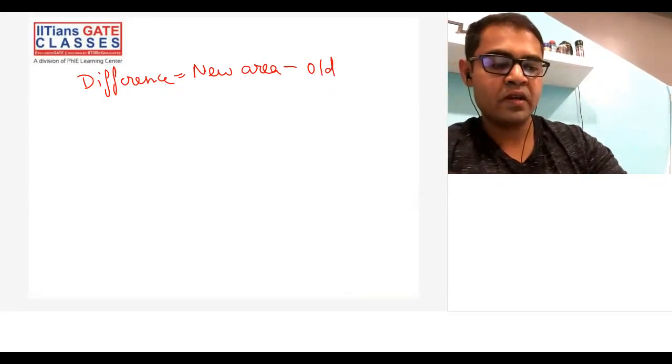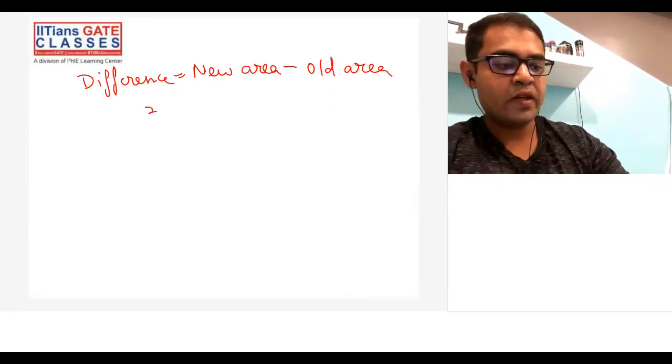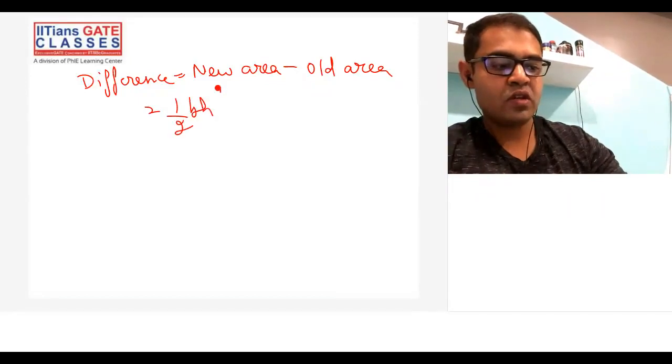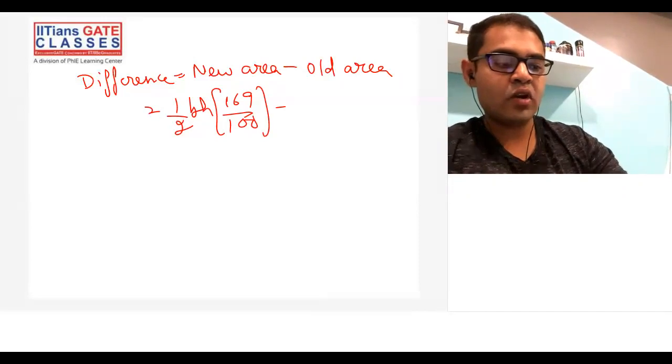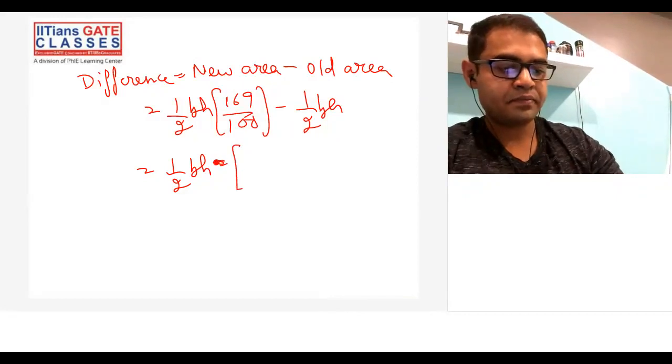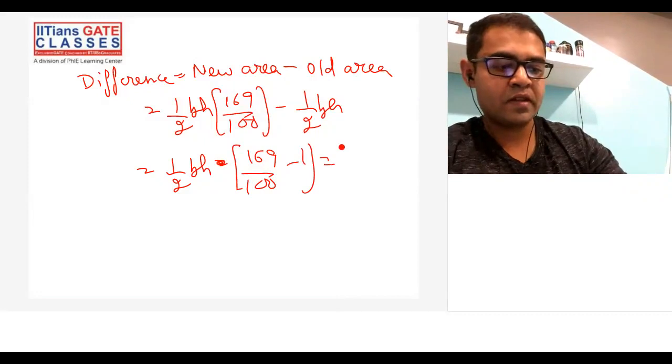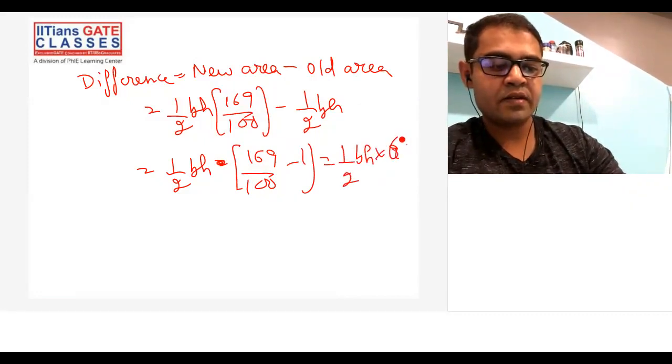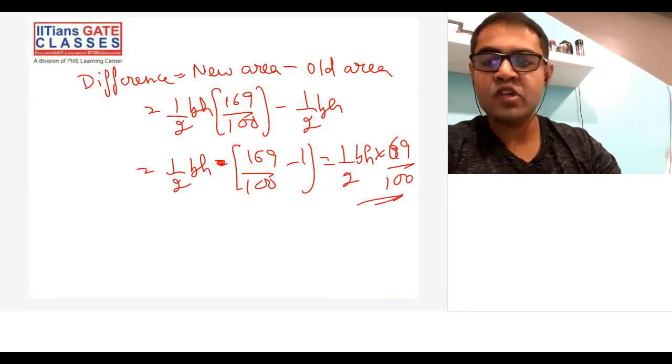The original area. New area was half bh into 169 by 100, and old area was half bh only. So half bh I'll take common, and this becomes 169 by 100 minus 1. So this will be nothing but half bh into 69 by 100. This becomes your difference in area.